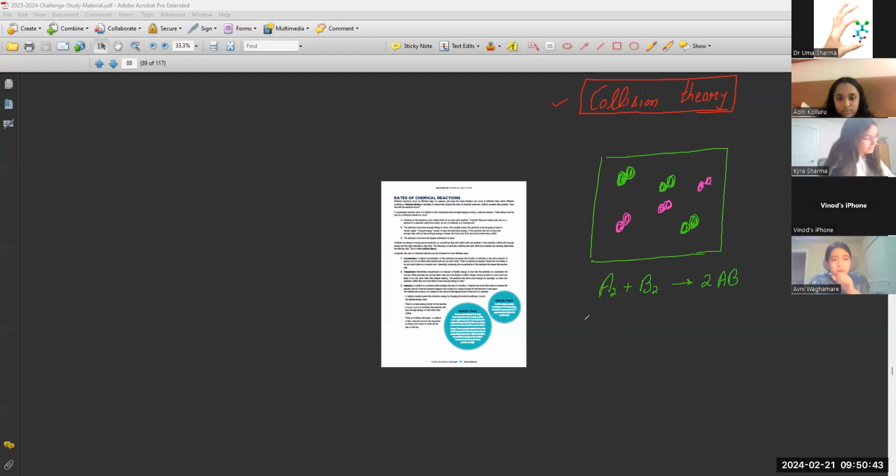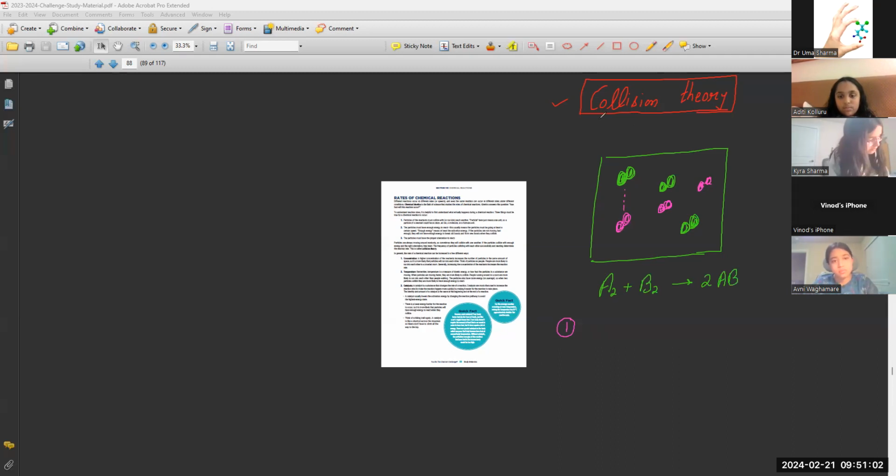So tell me the first condition needed to carry out the reaction. The first condition is that A2 and B2 must collide. If they don't collide, no reaction.